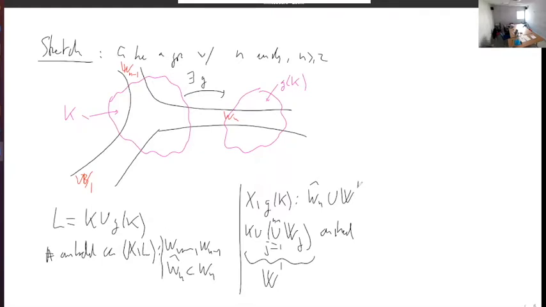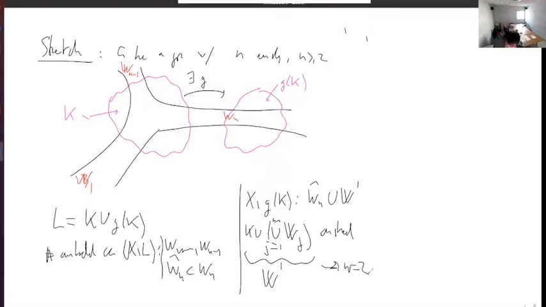So this implies that n has to be equal to 2. Okay? So that's the sketch of the proof. The idea was to show that by shifting k and by using the fact that it has to be maximal, that I have the maximal number of ends, actually I cannot have more than 2.